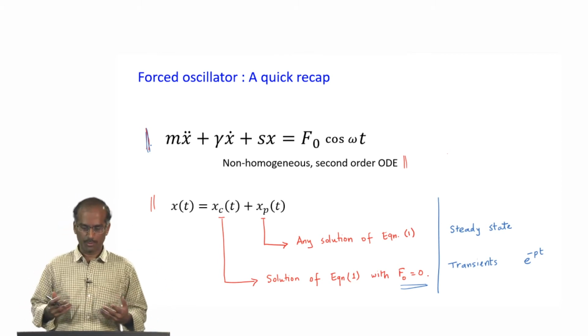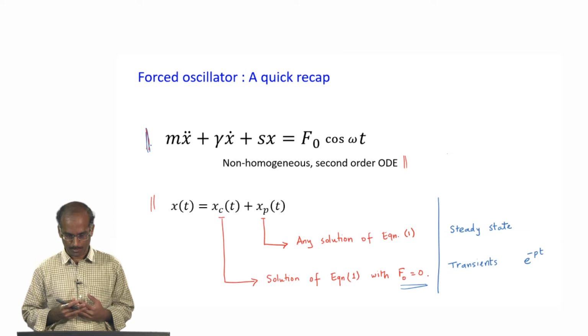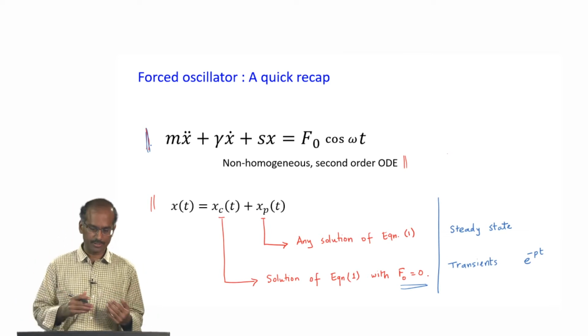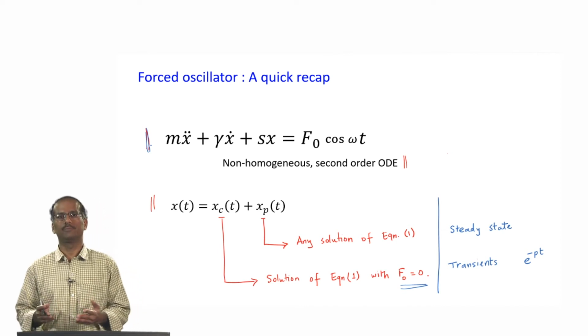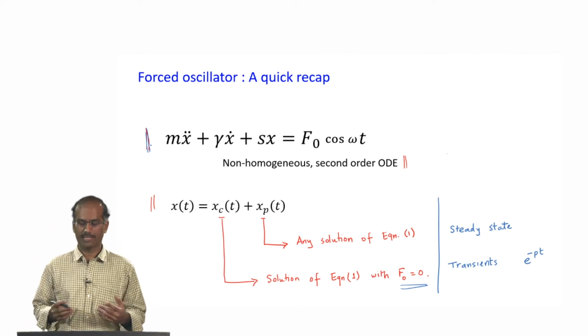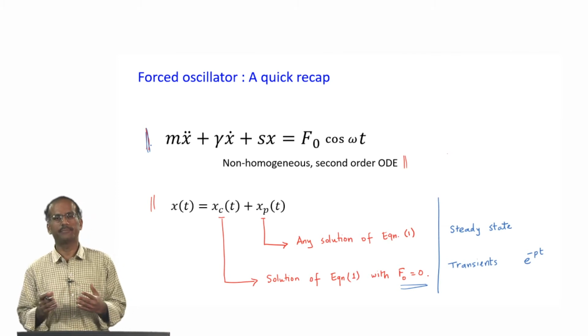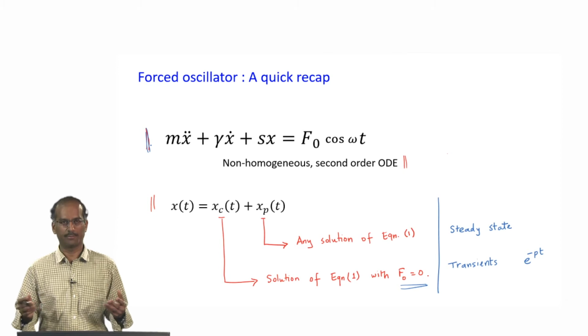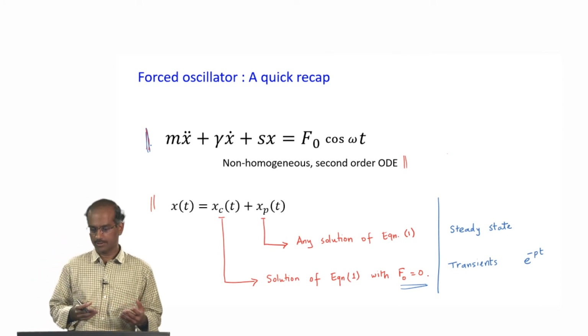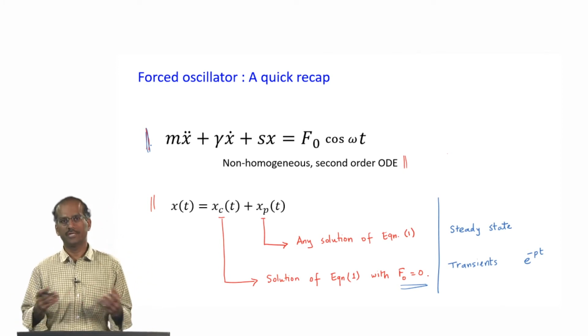If you look at it as a physical problem, you could attach physical meanings to both these parts. x_c in a more physical language would be called the transient, the kind of dynamics that would vanish after a sufficient amount of time, and the particular solution would be what is called the steady state solution.